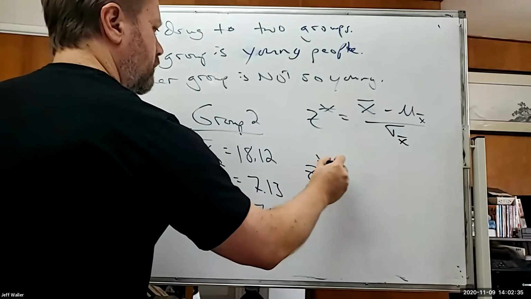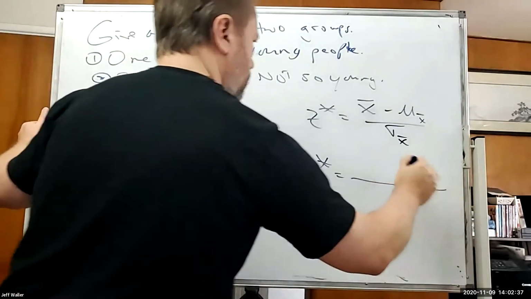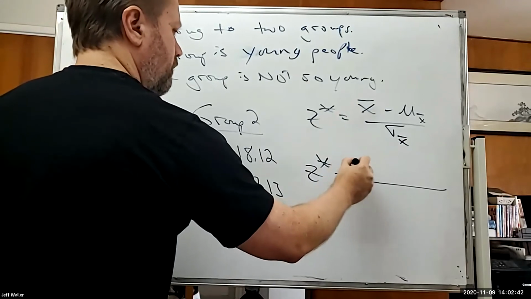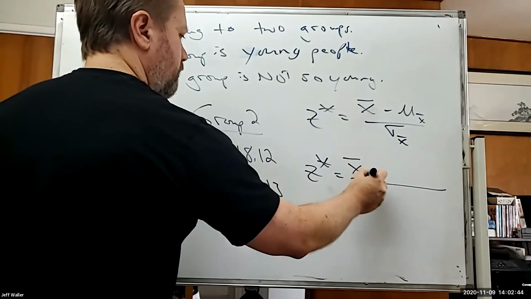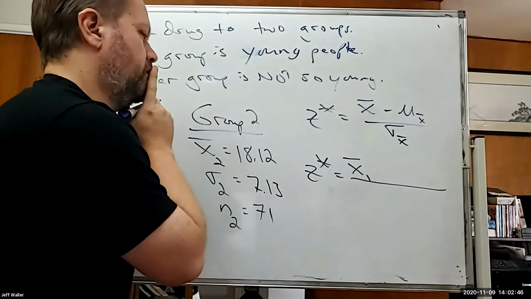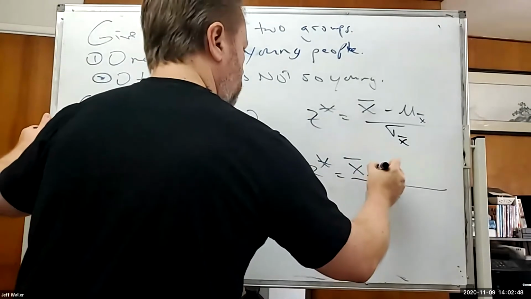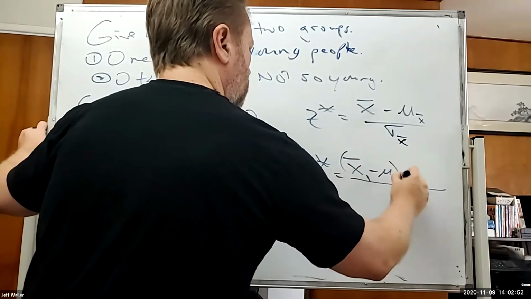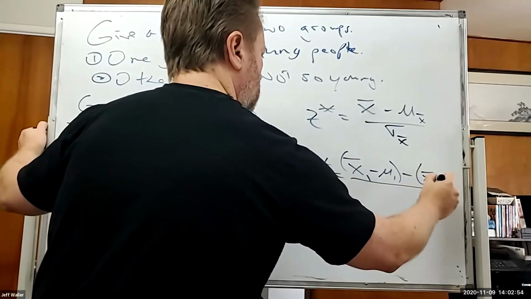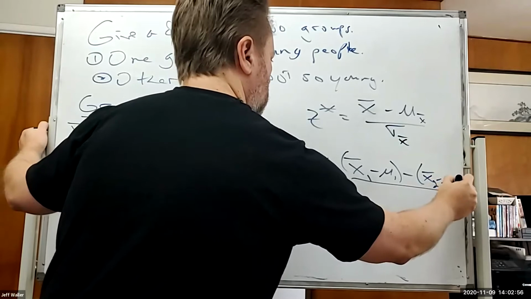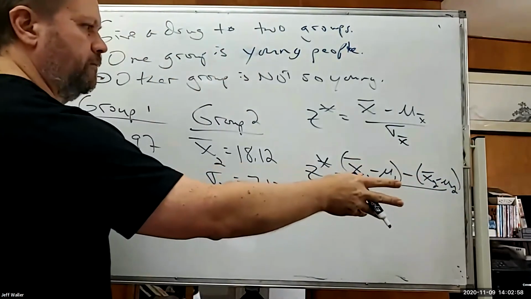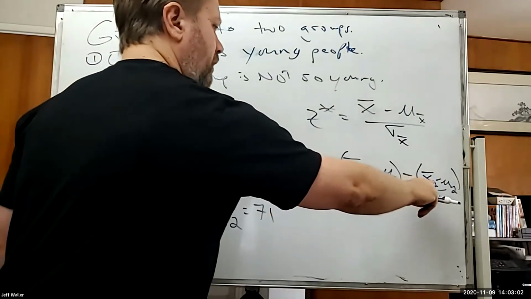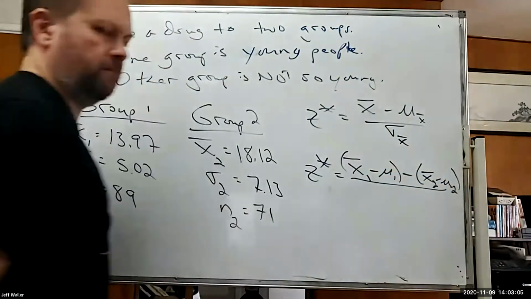So everything gets doubled. I have a sample mean with its population mean and another sample mean with its population mean.